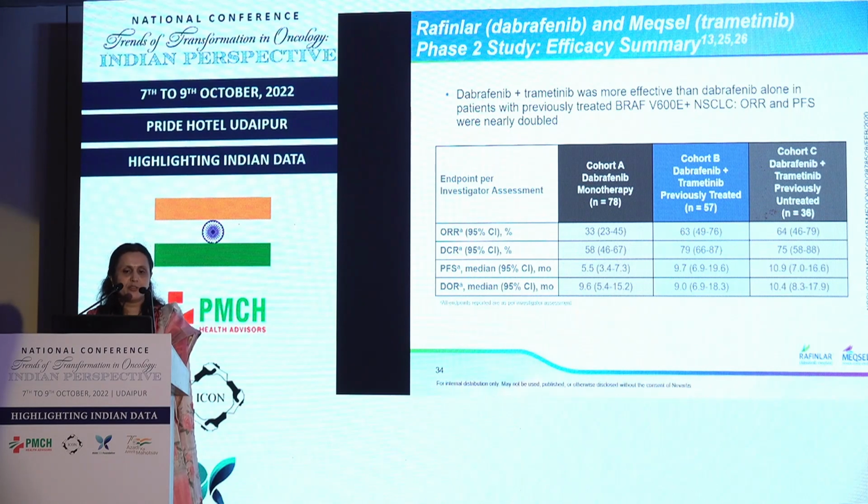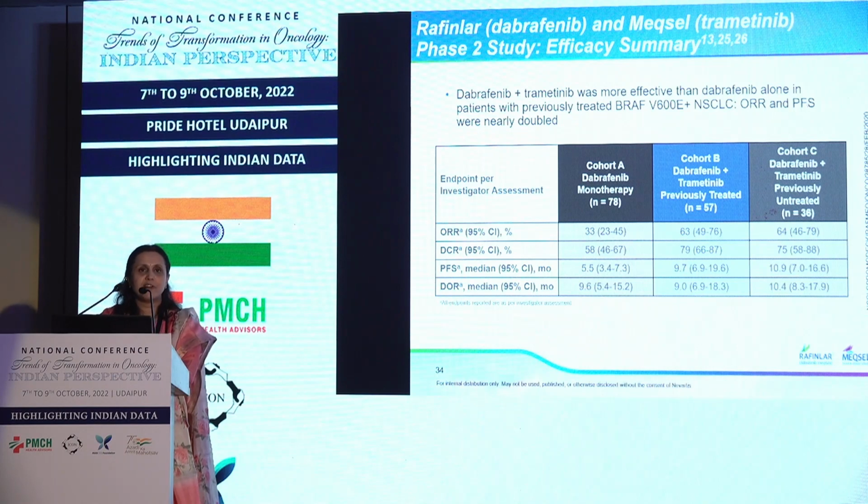The disease control rate was 75% in cohort C, and the PFS was maximum with treatment naive patients, that was 10.9 months. So overall we can see these patients fared far better when they were treatment naive and started directly on BRAF directed therapy.